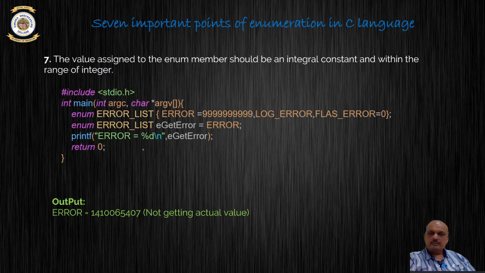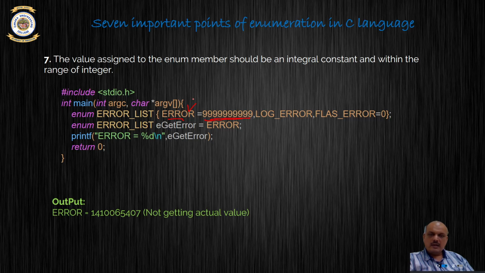Moving further, the enumerator constants, or the names given in the enumerator list, can be assigned only integer data types. So you cannot assign any floating point number or any other data type to these constants in the enumerator list. The value that you give should also fall within the range of the integer scope on your particular compiler.